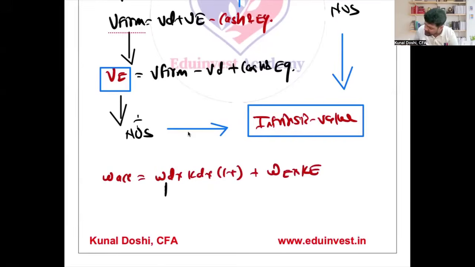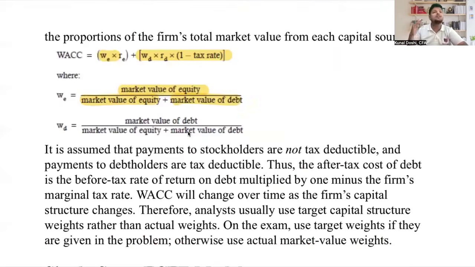Remember, these weights are based on market values, market value of debt and equity. That is very important for you all to consider whenever you calculate the weights. Rest of the things, they have just done the calculation throughout the syllabus, where you will also have to forecast the FCFF, FCFE and do the calculation.